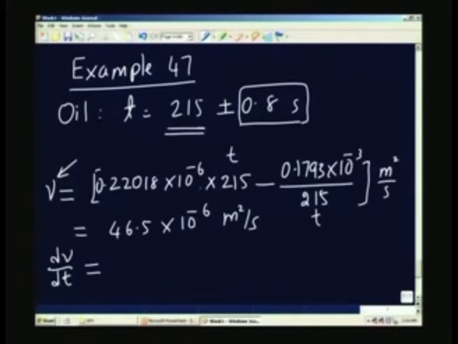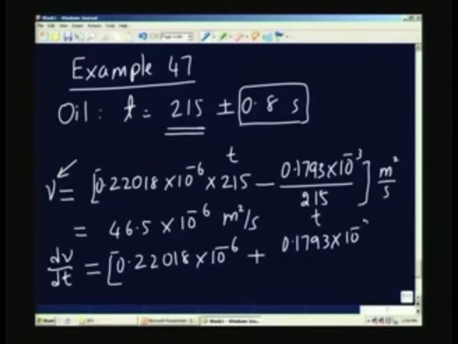So, if you take the derivative, it becomes 0.22018 into 10 to the power of minus 6, first term. The next term will give you plus 0.1793 into 10 to the power of minus 3 divided by t squared. T squared is 215 squared. This is the derivative of nu with respect to time.